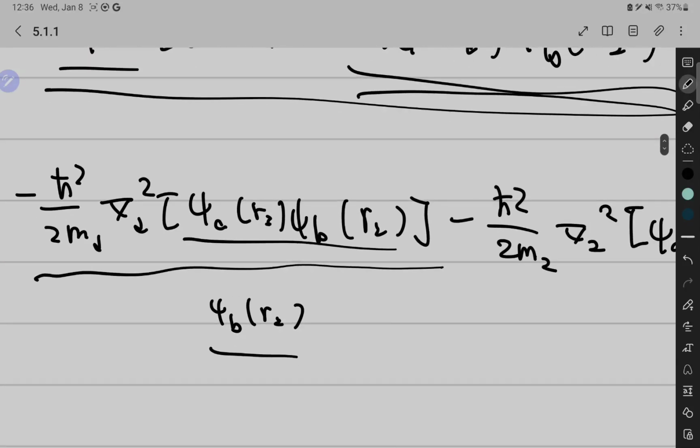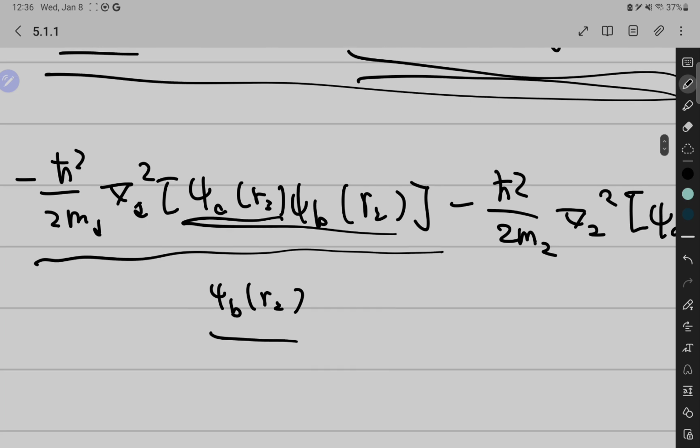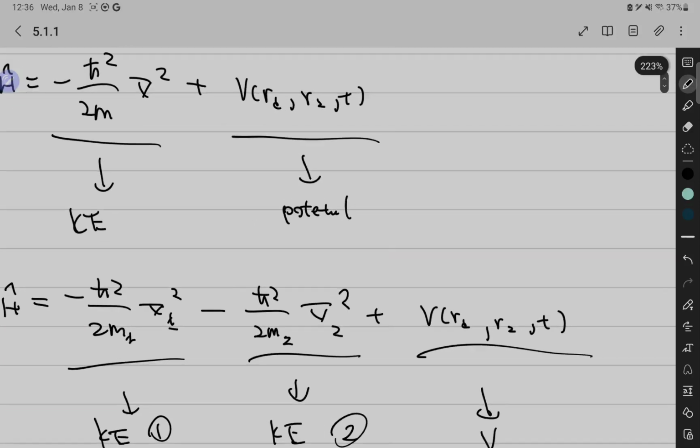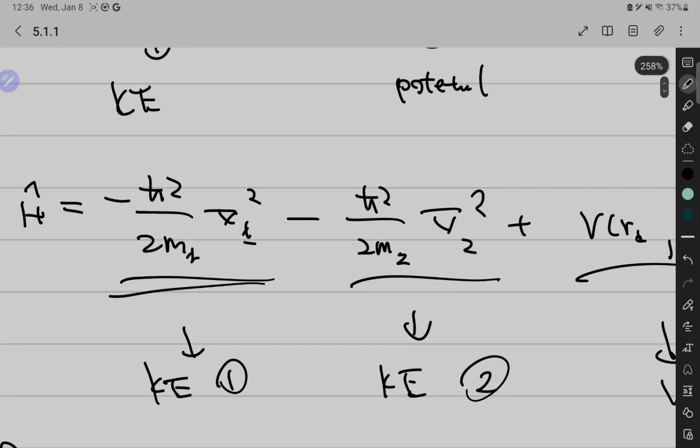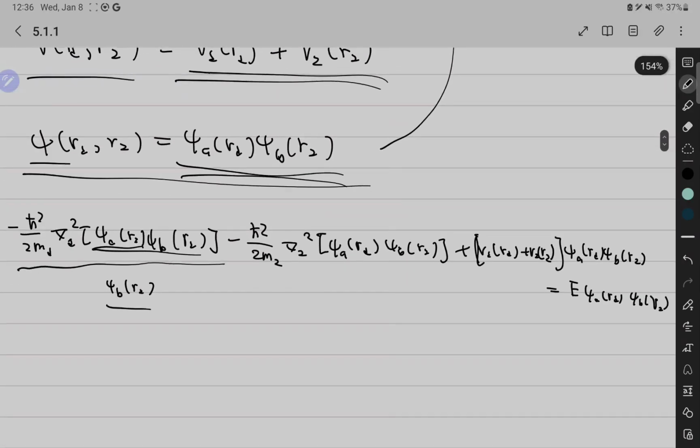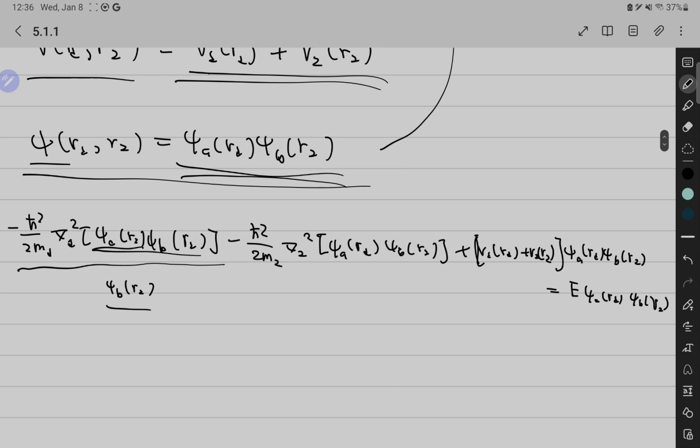Because our Laplacian operator here for this part of the equation is specifically designed for particle 1, so R1 is going to remain here, while our phi B(R2) is going to be taken out because that was not part of our original Laplacian for particle 1. So that is a very important observation that you can make.